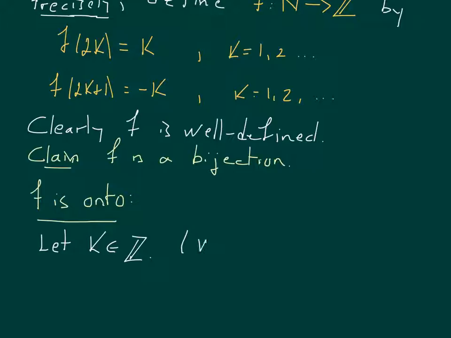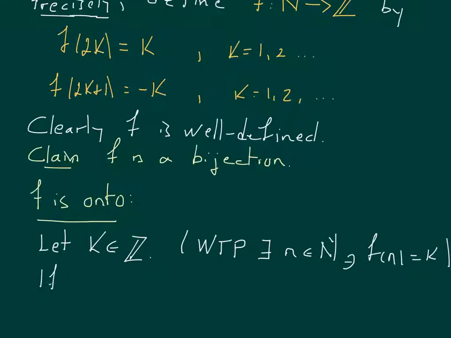We want to prove that there exists some n in N such that f of n is equal to k, right? That's what it means to say that f is onto: each element k in Z is the image of some element n in our domain, which in this case is the set of natural numbers. All right, well, we have two possibilities.